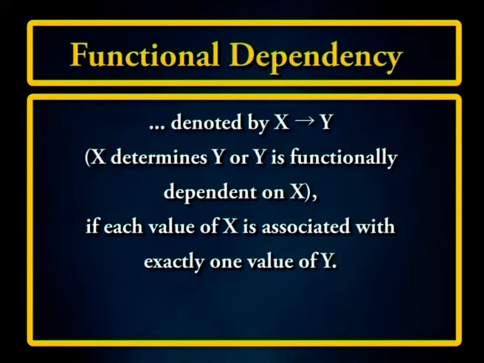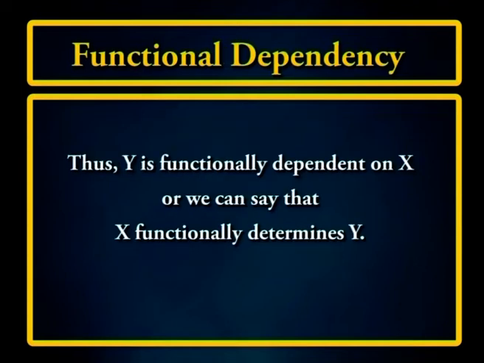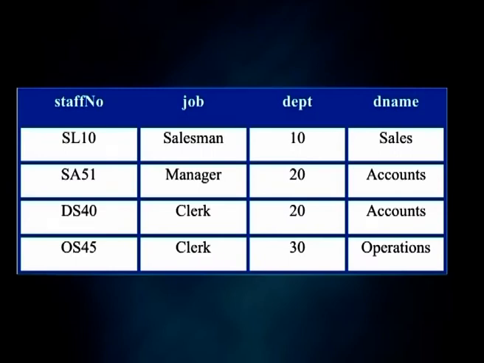If each value of x is associated with exactly one value of y, then y is functionally dependent upon x, or we can say that x functionally determines y. For example, look at this relation.